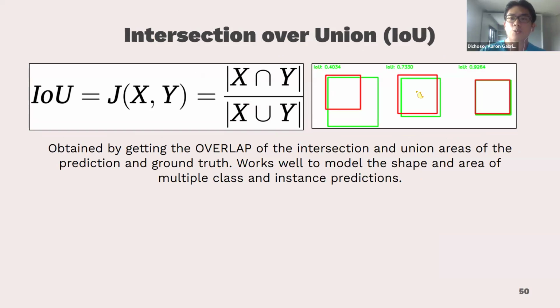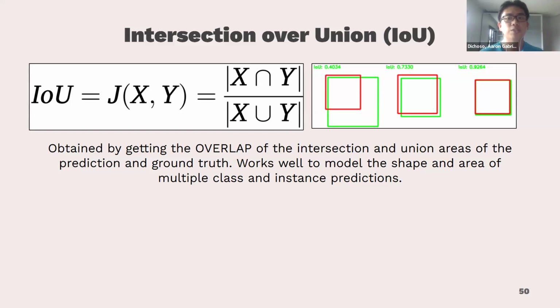What it does is take your prediction and your ground truth and overlay them together. Once overlaid, if your prediction is perfect, as in you got the ground truth 100% right, your intersection over union is going to be exactly 1.